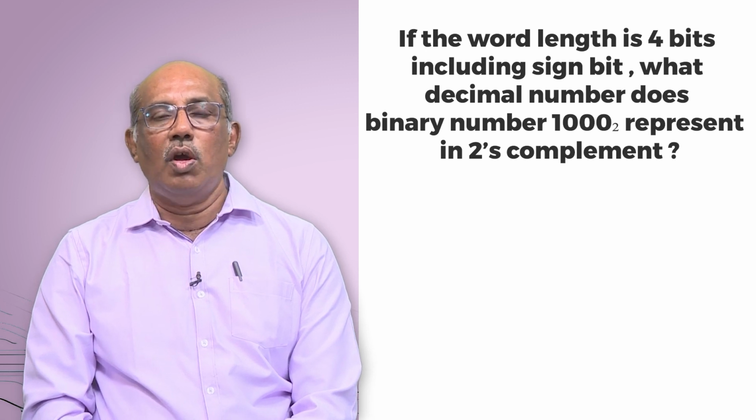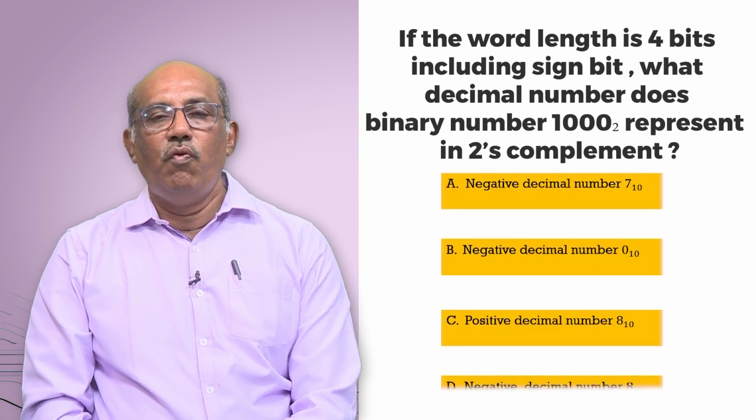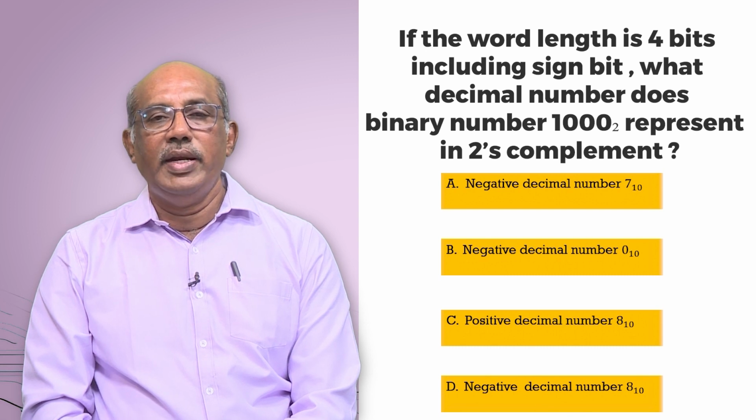In 2's complement, using 4 bits we can represent minus 2 raised to n minus 1, where n is the number of bits, that is 4. So minus 2 cubed, which represents minus 8, to plus 2 raised to n minus 1 minus 1, that is 2 cubed, 8, minus 1, that is 7.